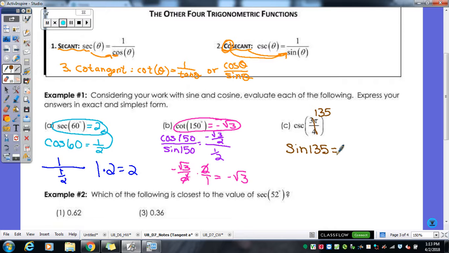Day 1. Go back and look at day 1. So sine of 135 is radical 2 over 2. So yes, when we flip it, it becomes 2 over radical 2. But can we leave it like that? No. What do I have to do?